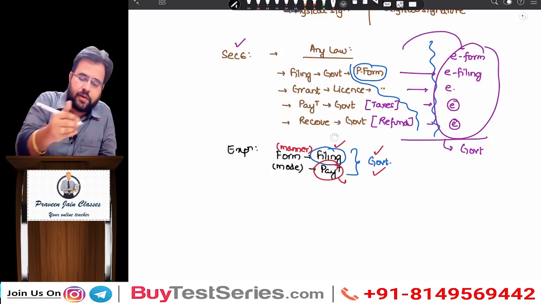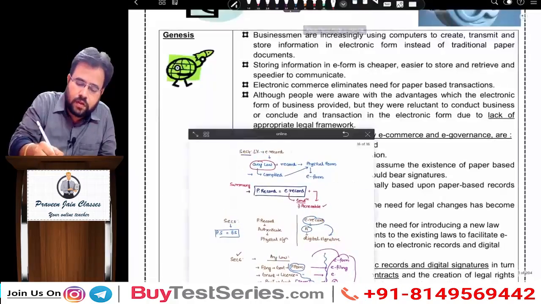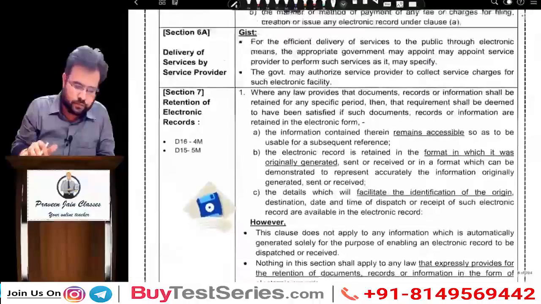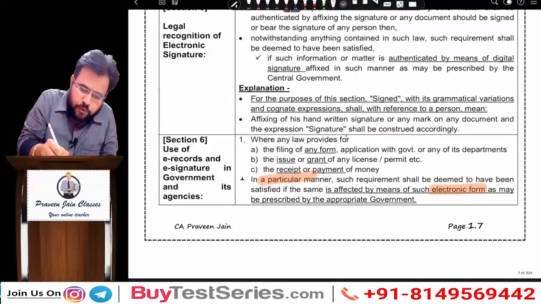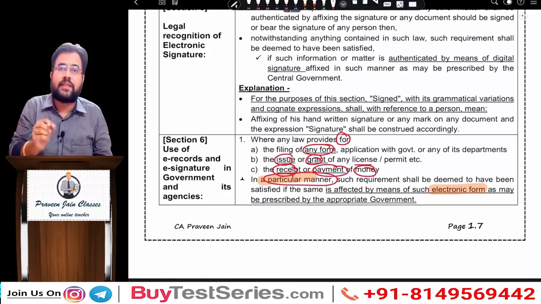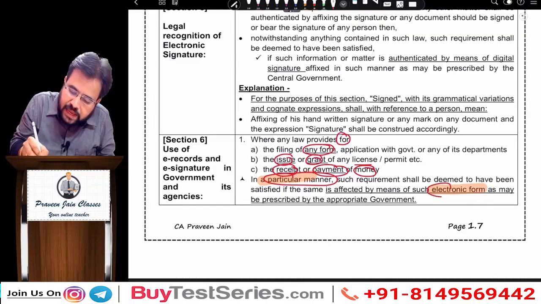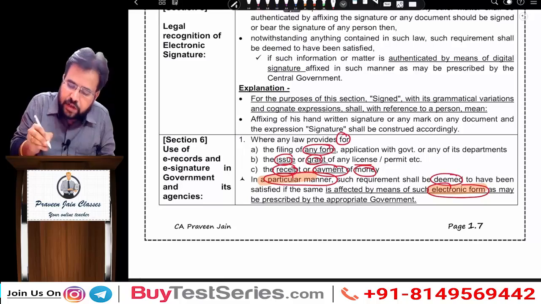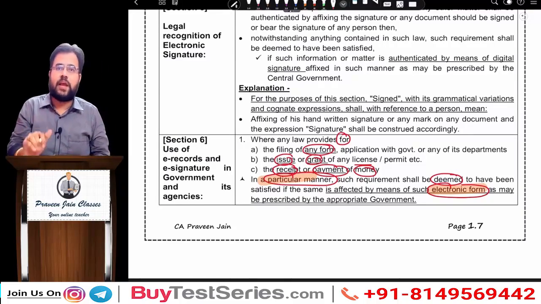If required, you may just quickly go through section number 6. So you can see, sir, where any law provides for filing of any form, issue or grant of license, receipt of money, payment of money, in a particular manner, that is physical manner, the same if done in electronic manner will be deemed to have been complied with, sir.